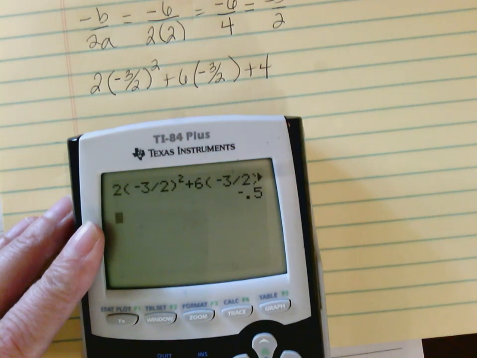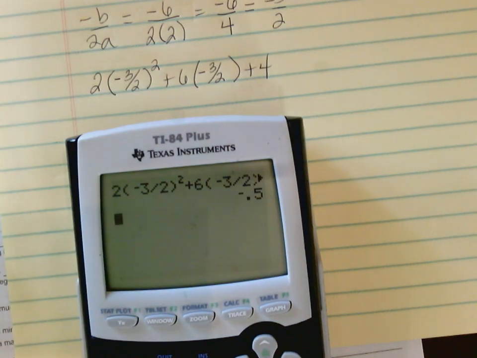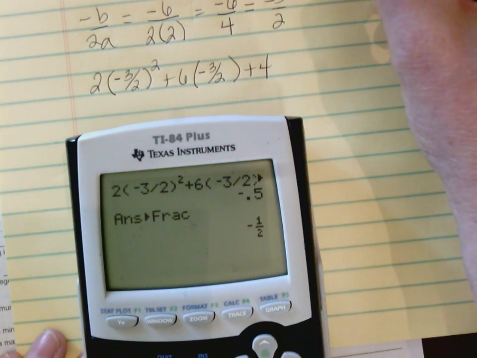It gives me negative 0.5. Again, it doesn't want me to type that in as a decimal. It tells me that in the instructions. So once again, I'll just hit math, enter, enter. And that turns that decimal into the fraction that I need it to be, which is negative 1/2.